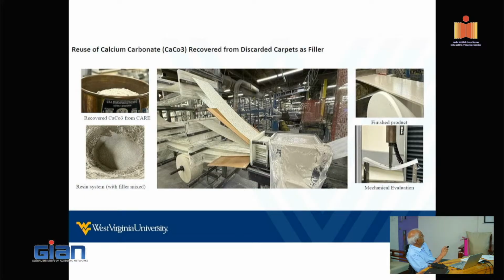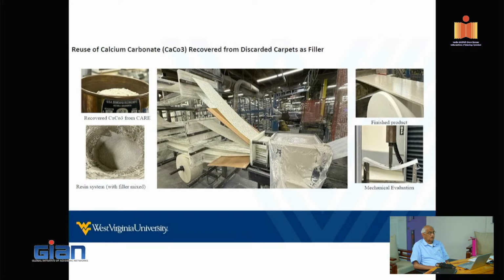Here is some of the factory-based work, that's a calcium carbonate we are using. See, when your economy is advanced, you want to sound sophisticated, right? Okay, good. But with that, you're also generating a lot of waste, a lot of recycling.